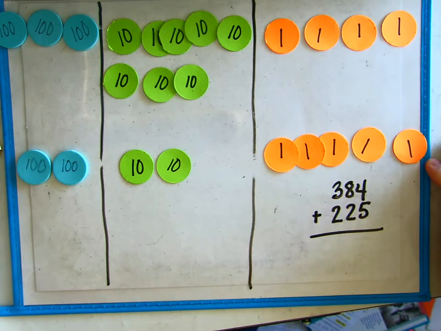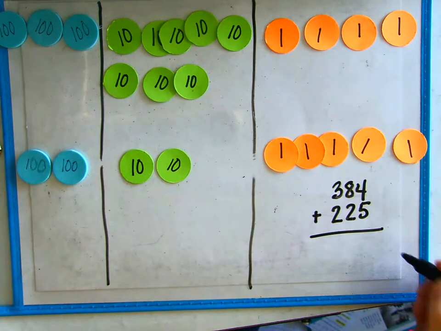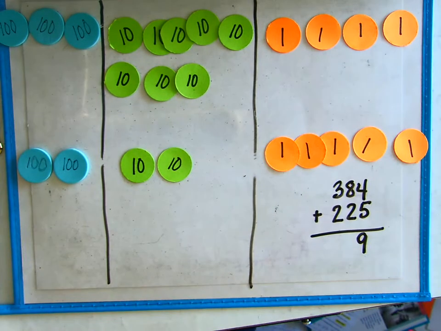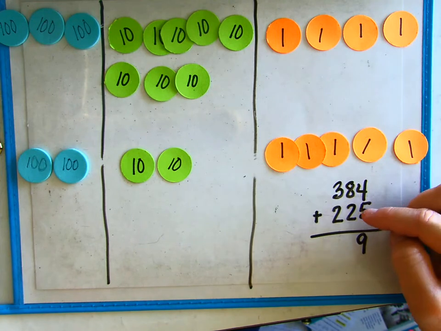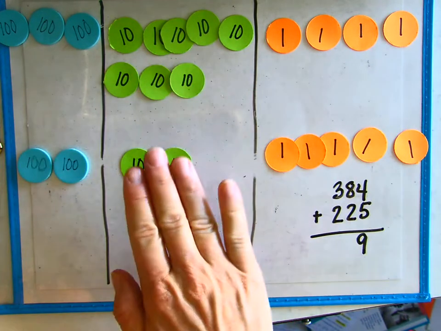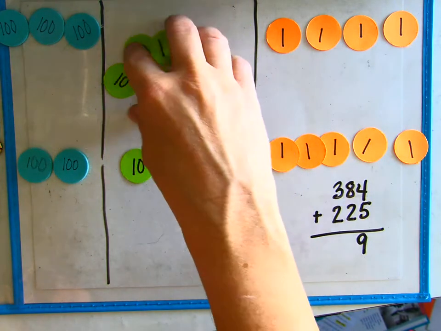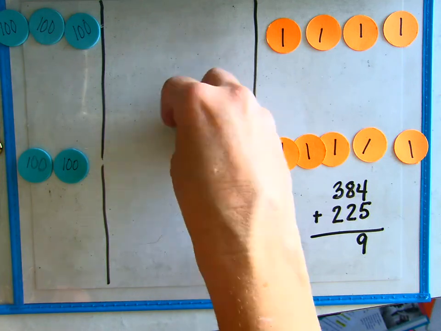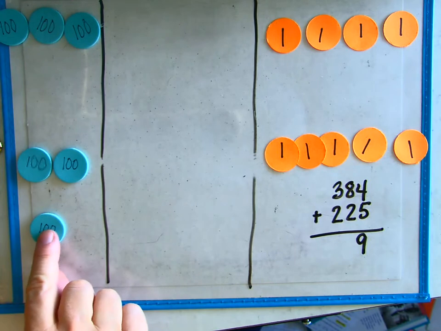Four plus 5 is 9. Are we making a new group of 10? No. We only have 9, so those are staying there as ones. Now we're coming here. We have 8 plus 2. That does make a group of 10. So we're going to compose 10 tens, and that's going to give us 100.